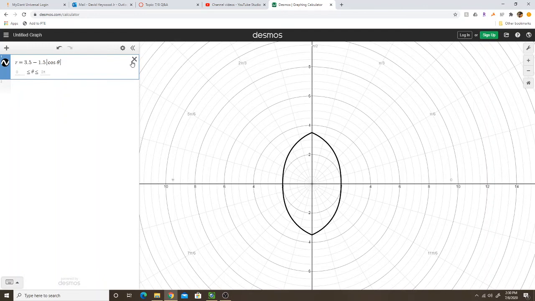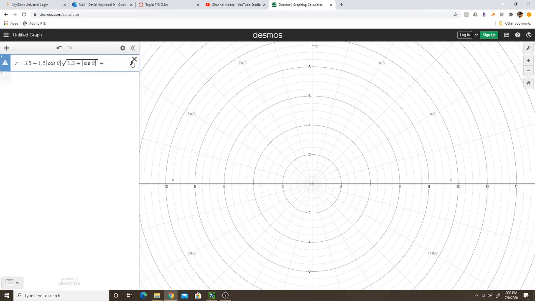That looks kind of cool. Times the square root of 1.3 plus the absolute value of sine theta plus cosine 2 theta.